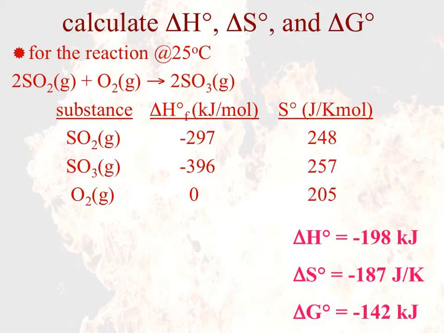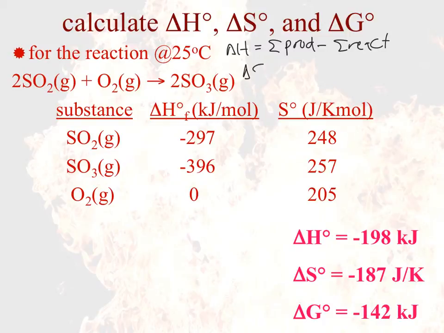All right, so we've learned how to calculate our delta H and our delta S values from tabulated data in the past. So we're going to go ahead and do that, and then we're going to look at the calculation of our delta G naught. Delta H is going to equal the summation of our products minus our reactants. And the same is going to be true for our entropy value.